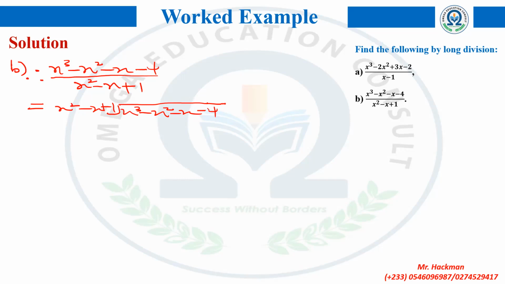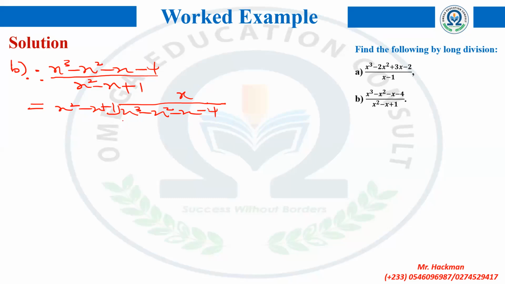So we are good to go. At this point again, you take the first term of your divisor and the first term of the dividend, then you divide the latter by the former. So now what do we have? x cubed divided by x squared gives us x. You write it on top, then multiply it by all the terms here.